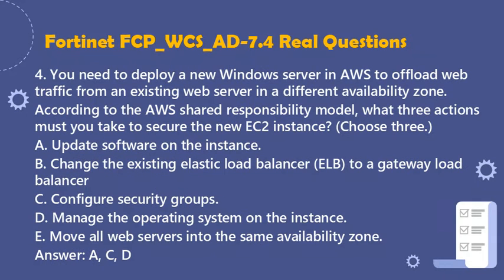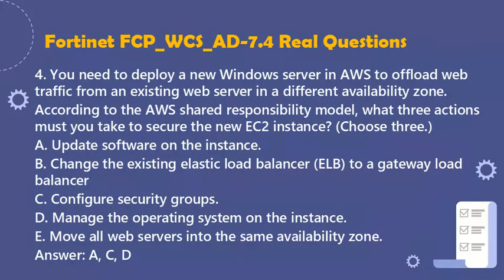4. You need to deploy a new Windows server in AWS to offload web traffic from an existing web server in a different availability zone. According to the AWS Shared Responsibility Model, what 3 actions must you take to secure the new EC2 instance? Choose 3. A. Update software on the instance.